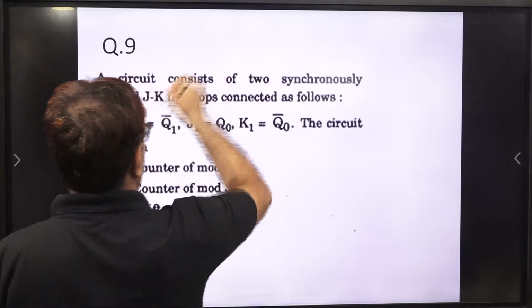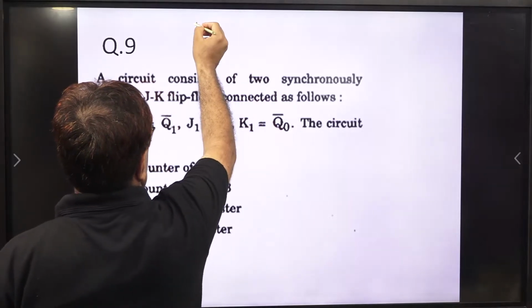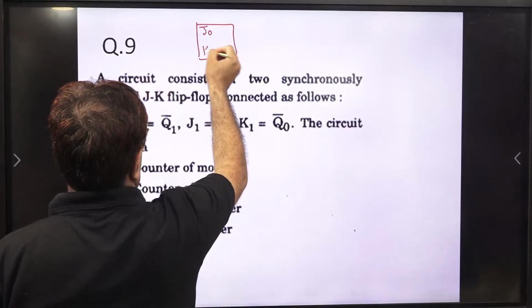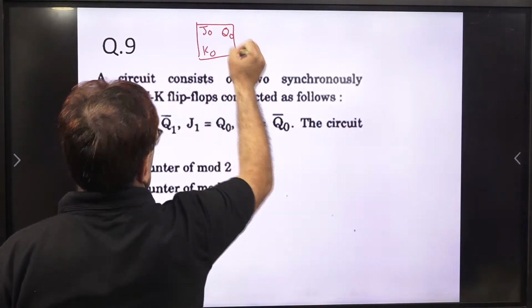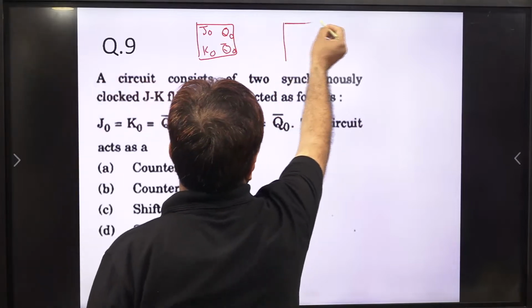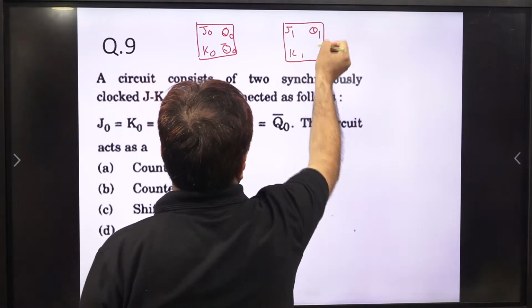So what do we have here? We have a JK flip-flop. Let us have one JK flip-flop with J naught, K naught as the inputs and Q naught as the output, and Q naught bar. And we have another JK flip-flop with J1, K1, Q1, Q1 bar.